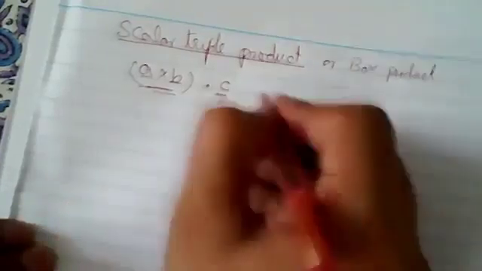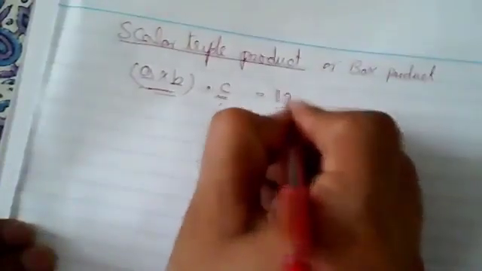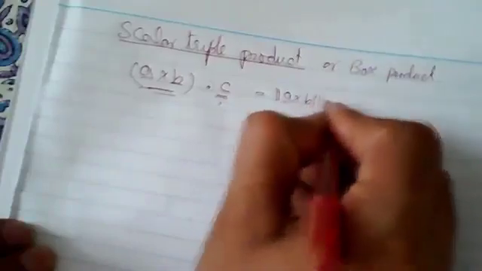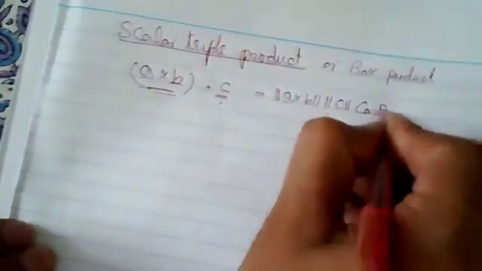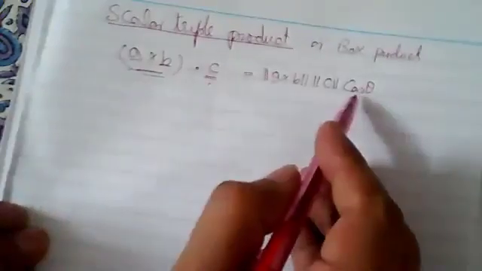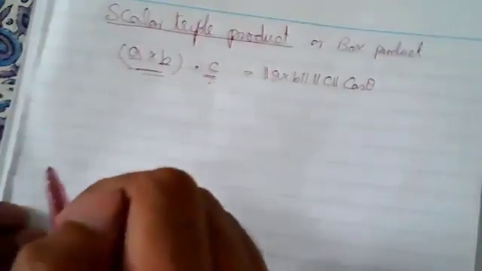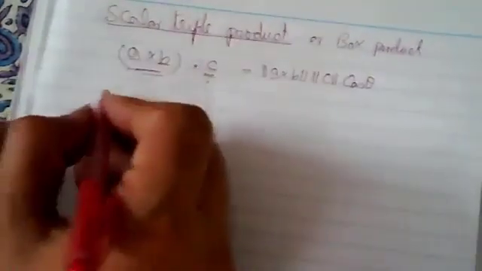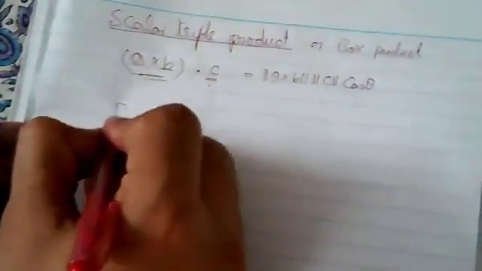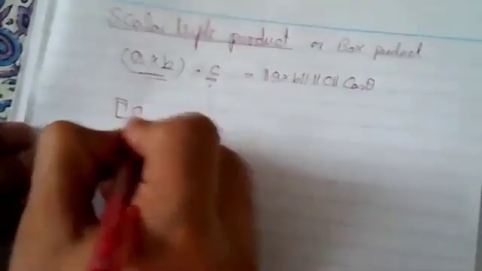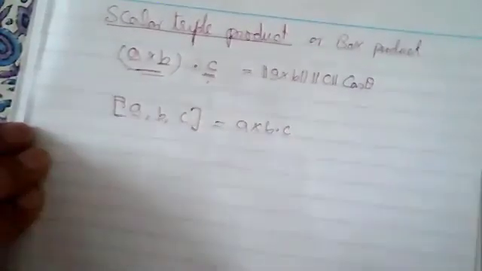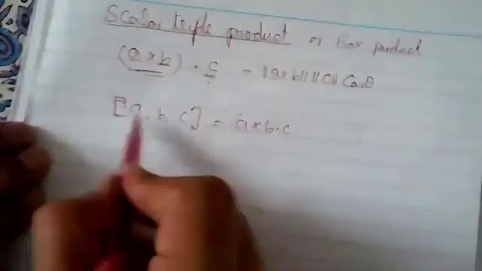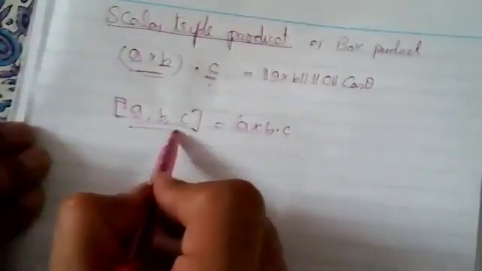The definition is the same as in the dot product: magnitude of the first vector, magnitude of the second vector, into cos of the angle, because in the dot product you have cos. There is also a notation. You can use the bracket notation [A, B, C] for this A cross B dot C. You can write it in this way, or in this notation also.